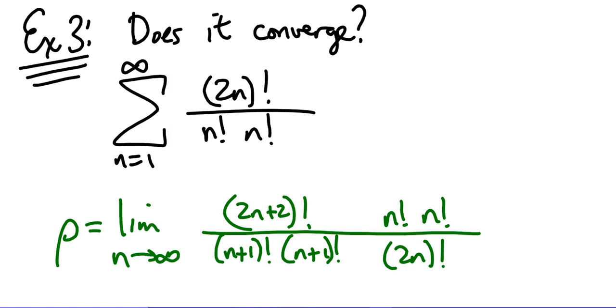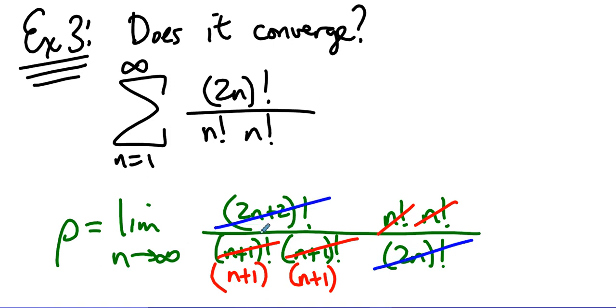What happens here? Well, we know that n factorial and n plus 1 factorial leave an n plus 1 behind. What happens here? Well, this is 2n plus 2, 2n plus 1, 2n, 2n minus 1, all the way down.